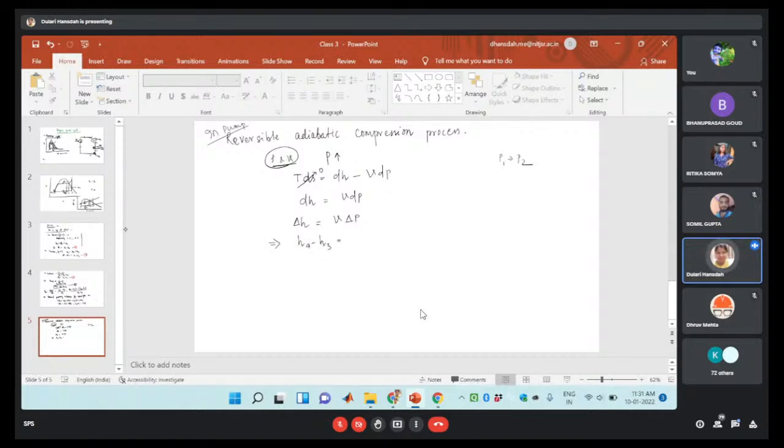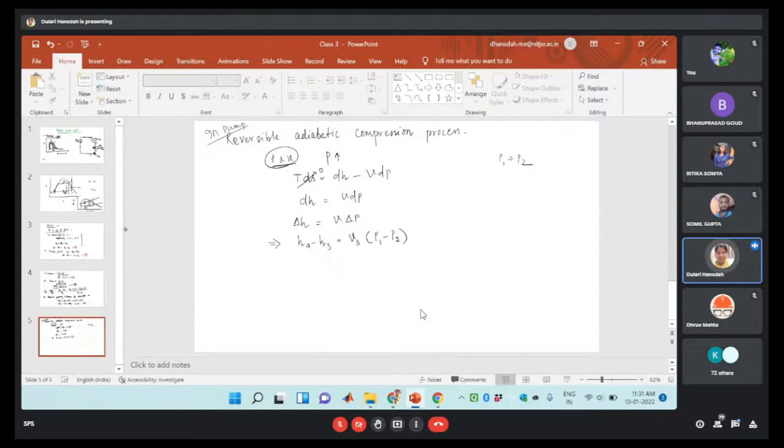This specific volume will be V3, into the pressure change. So the pump work can be represented as V3 into P1 minus P2.